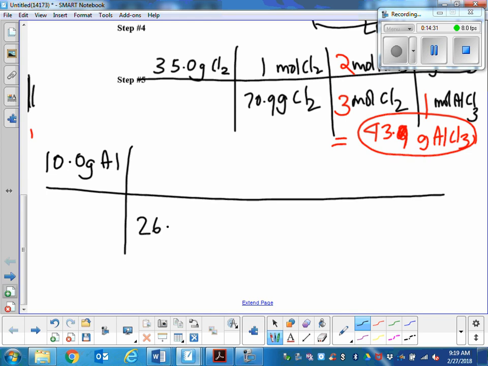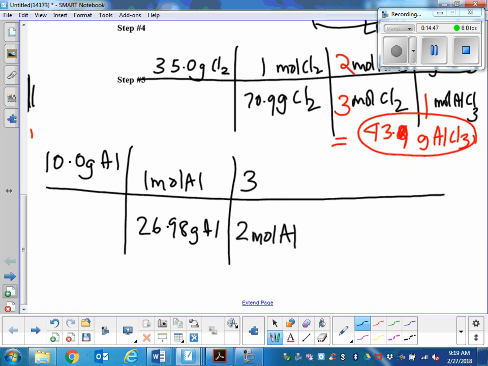So 26.98 grams of aluminum is 1 mole of aluminum. And then how many moles of aluminum react to give how many moles of aluminum chloride? No, it's 2 moles of aluminum.